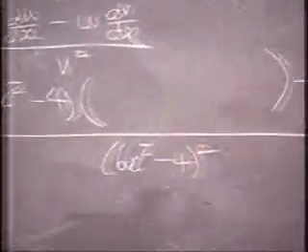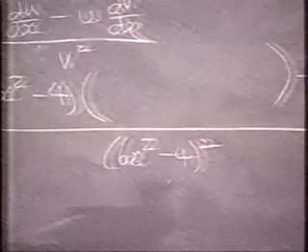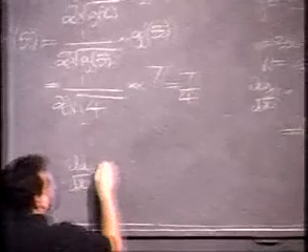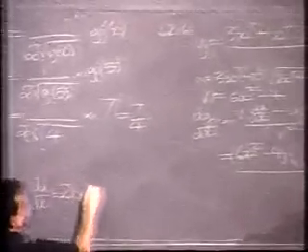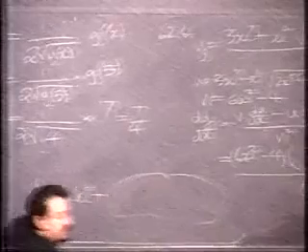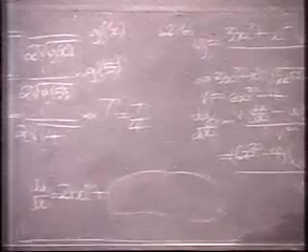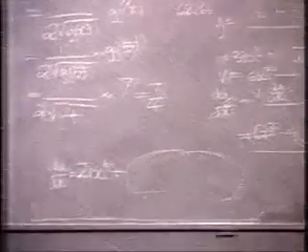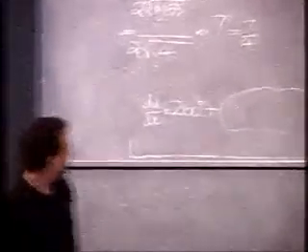Now, here's the thing. We still need to find du/dx. But we know what u is, and it's no longer a quotient. In fact, it's a sum. It's going to be 21x to the 6th plus, but now we need the derivative. The way I'm thinking of it is I'm going to use lots of paper. I'm just going to spread everything out, work my way in and see what I need.